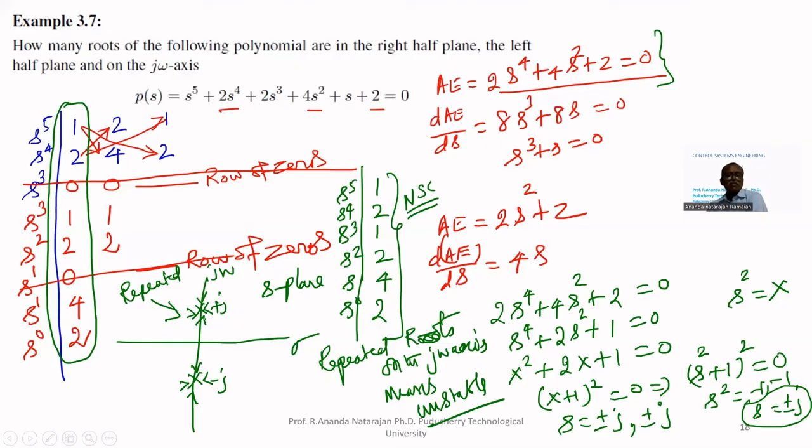Even though there is no sign change in the first column, it's unstable. So we have seen the simple case, first column element equal to 0, then a row of 0. 3 cases we have seen. That's all.